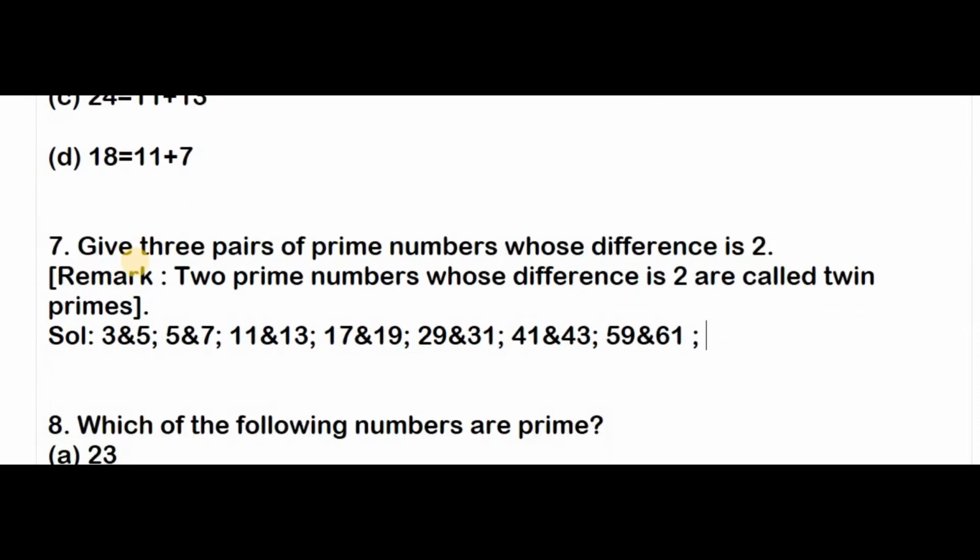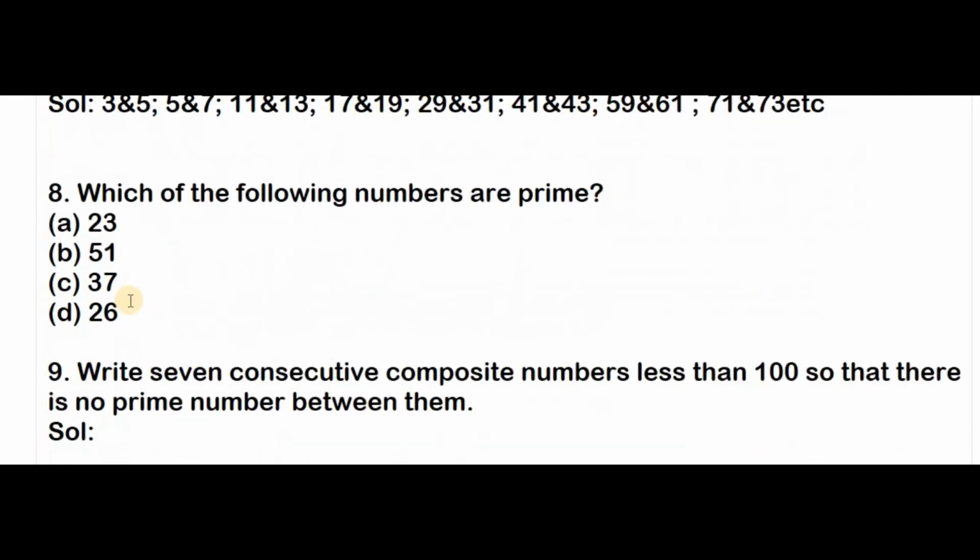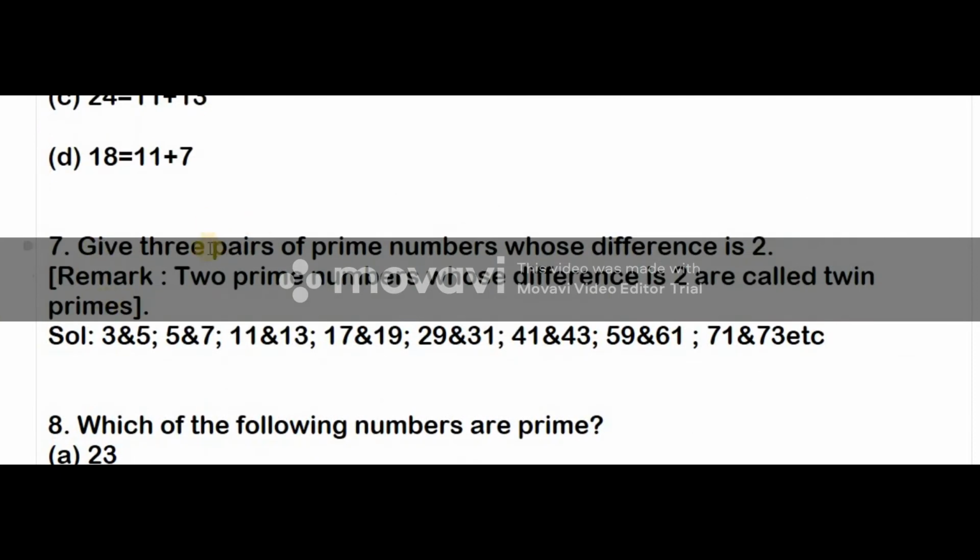That's it, 71 and 73. So these are some examples of twin primes. Still we will get so many twin primes. This is less than 100. He didn't ask for less than 100, he just asked us to give 3 pairs, but instead of that we have given less than 100.